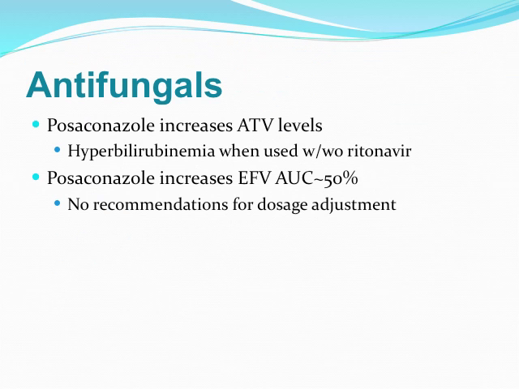Antifungals, posaconazole increases atazanavir levels. You may see more of the hyperbilirubinemia if you use the atazanavir with posaconazole. And then posaconazole can also increase the fabrin's area under the curve about 50%. However, there's no recommendations for dosage adjustments.